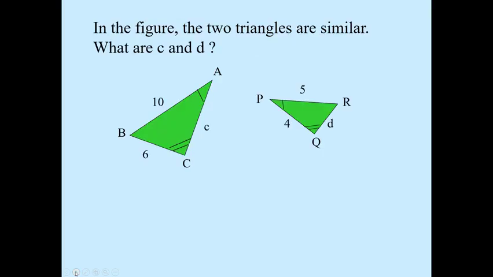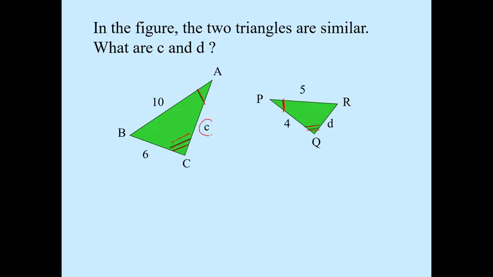All right. In the figure, the two triangles are similar. That means that they're proportional, so I can do a little cross multiplication. Notice here that this angle is congruent to this angle. That means they're the same measurement. And this angle is the same measurement.